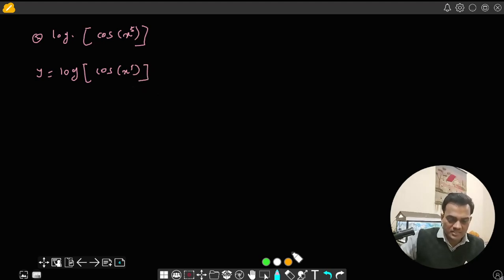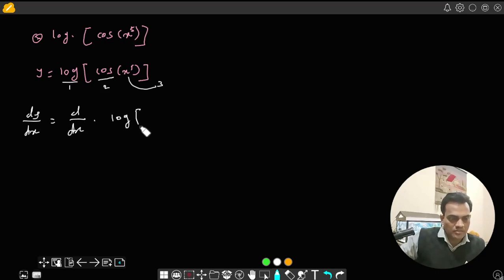Now how many functions are there? So log is the first function, then cos is the second function, x raised to 5 is the third function. So 3 functions are there. So it is an example of a composite function. So dy by dx is equal to, first of all take the derivative of this particular function, d by dx of log of cos of x raised to 5.